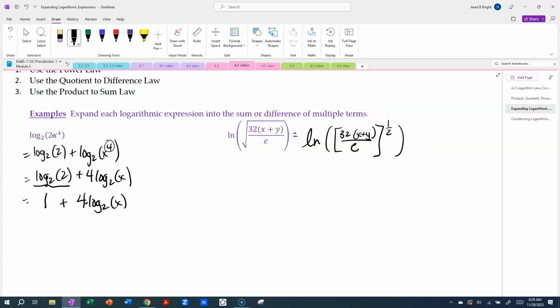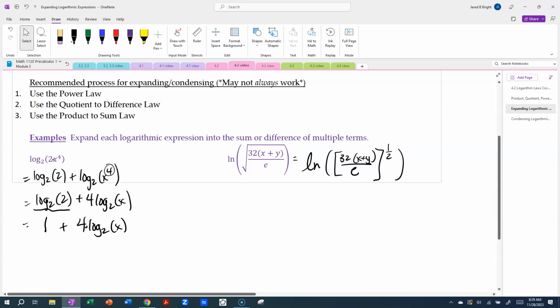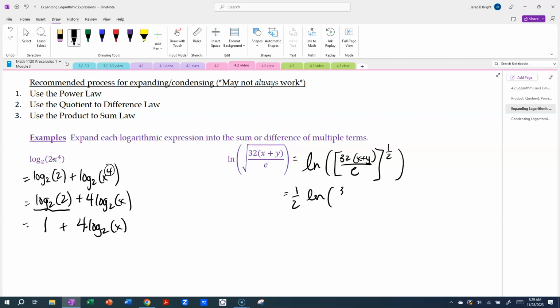That way I can see the square root as a power. And then I'm going to begin with this recommended process. Do I have a power? Yep, I actually do. I have the 1/2. So I'm going to bring that out in front. 1/2 natural log of 32 parentheses x plus y all over e. And I'm going to omit the square brackets just because I've taken care of the exponent.